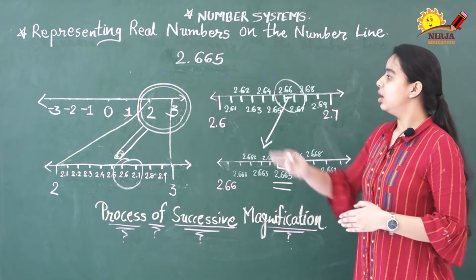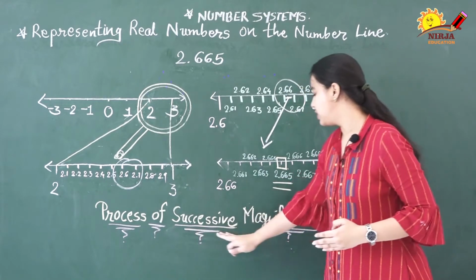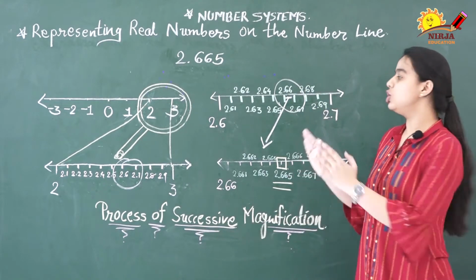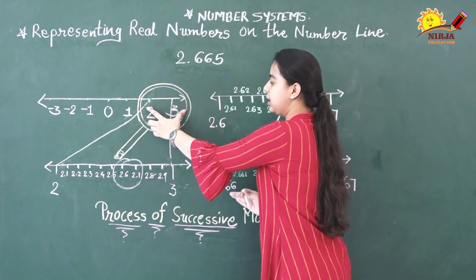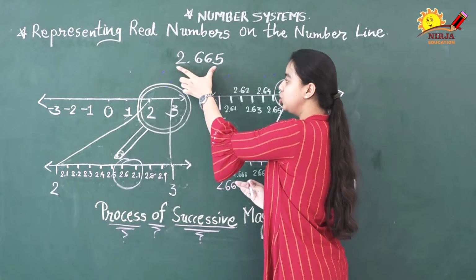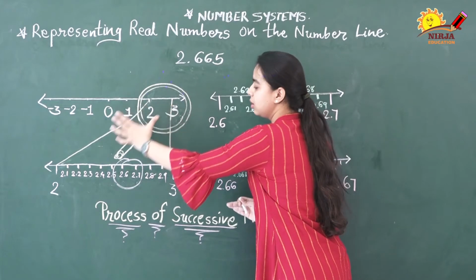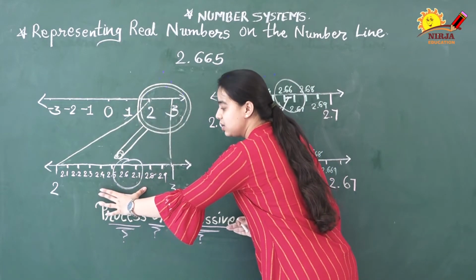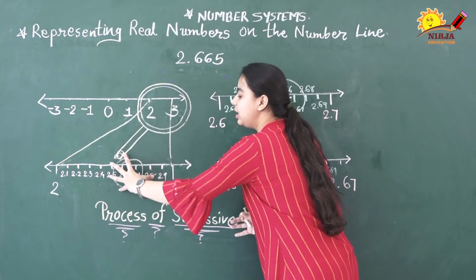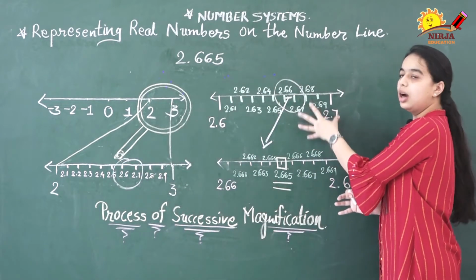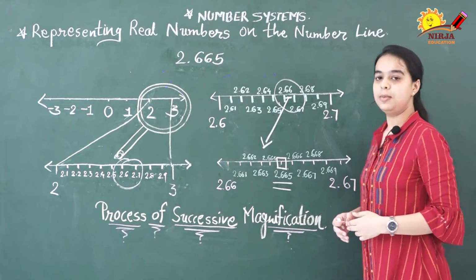If you are asked to represent a real number on the number line through the process of successive magnification, then you need to follow this same process. First take a number line with the integers, take a closer look at the number, take the portion on which the number lies, elaborate that, again see through the magnification glass, again take that portion and elaborate that until you get the number which you were asked to represent on the number line.